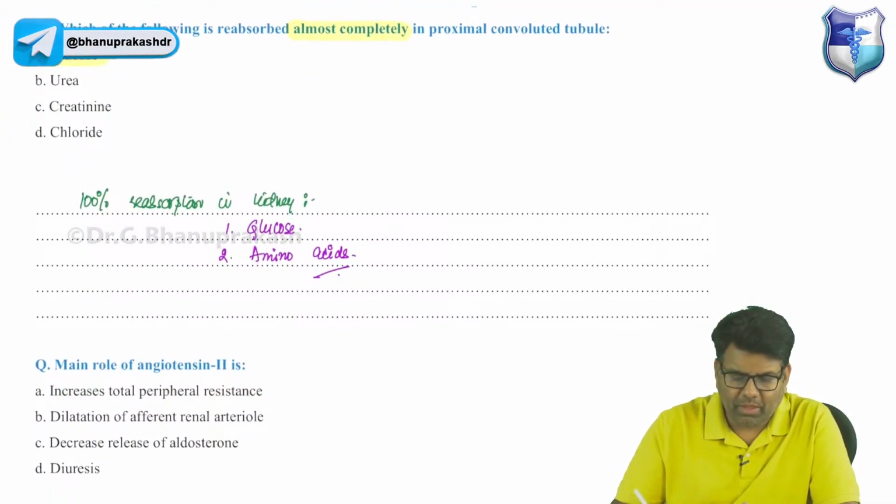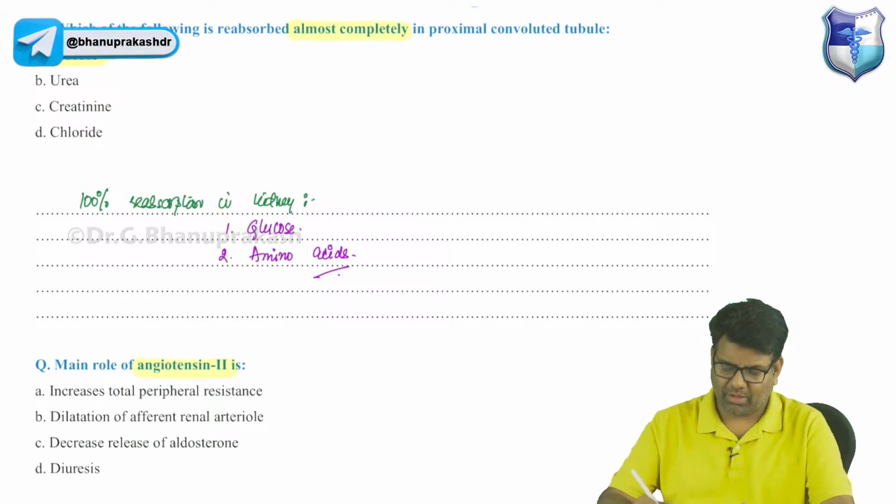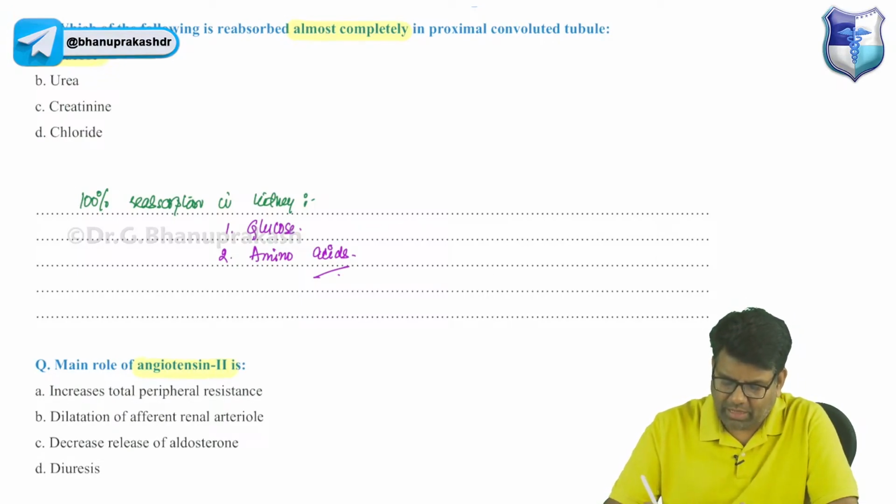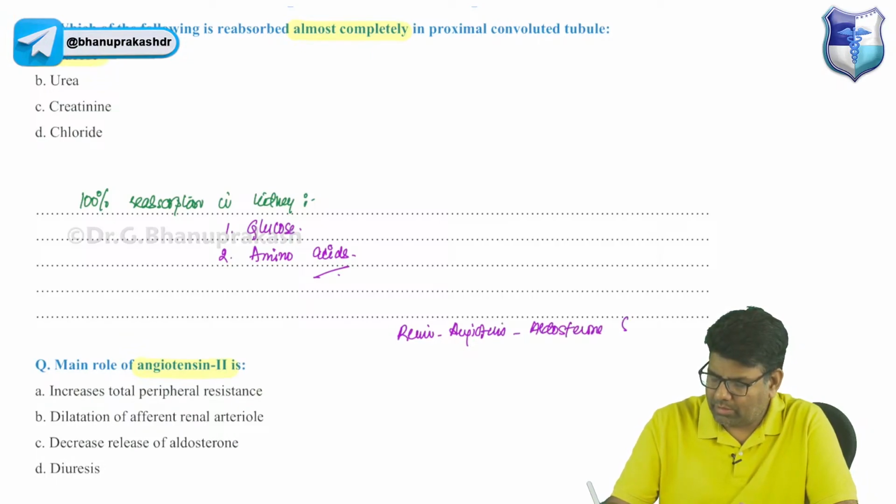Next question. Main role of angiotensin 2. Main role of angiotensin 2. And yes, we are talking about the renin angiotensin aldosterone axis.